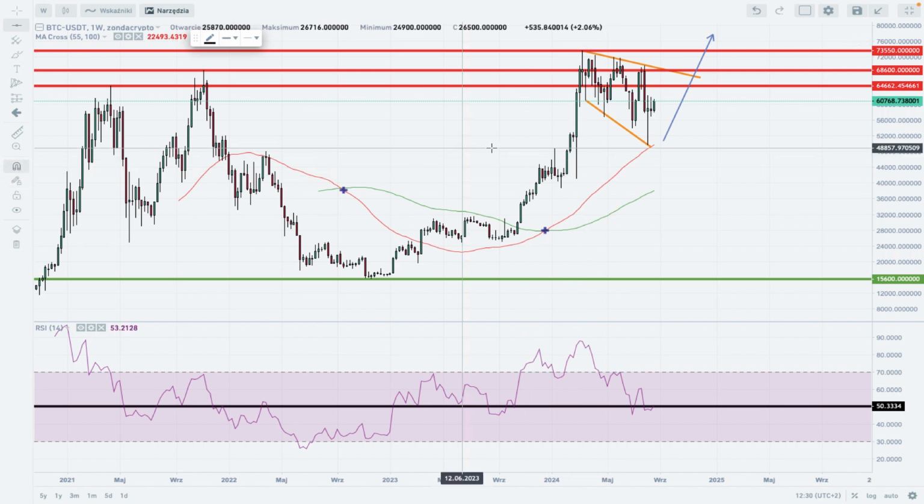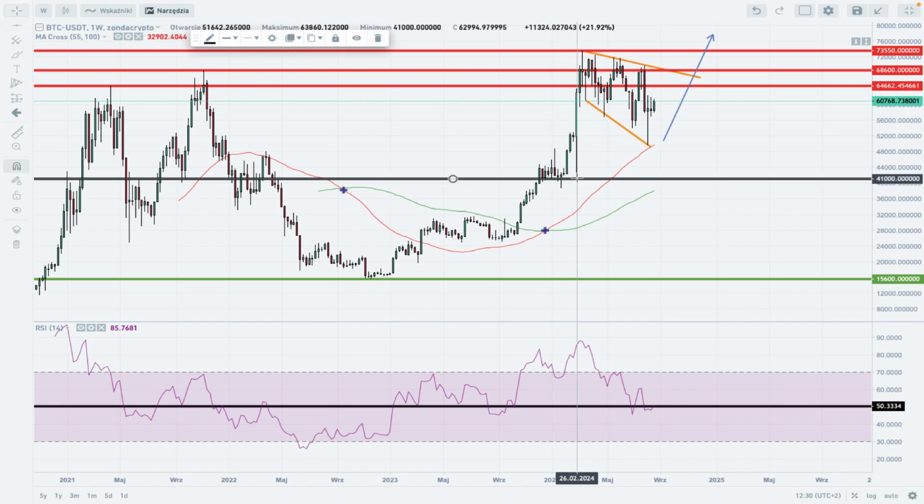Let me just get my magnet. There you go. This low here, 41,000 Tethers, is the level that is separating the bullish outlook from the bearish outlook on the weekly time frame chart of Bitcoin to Tether.